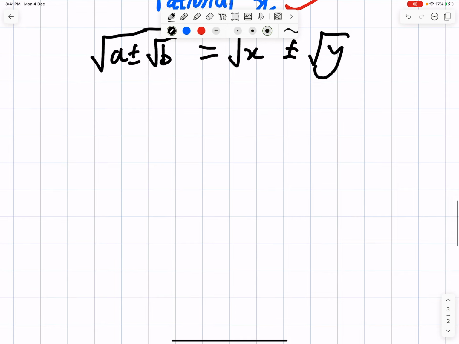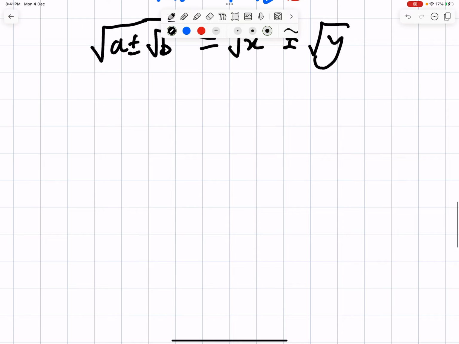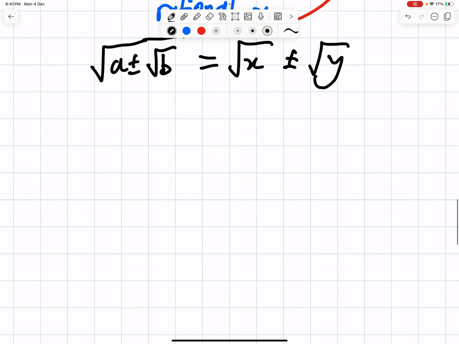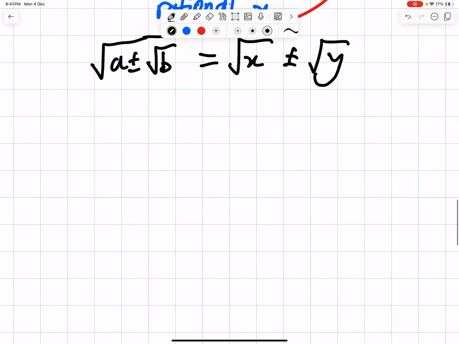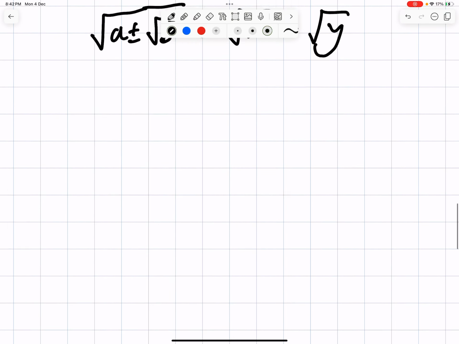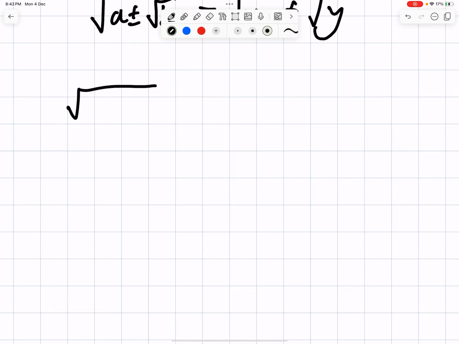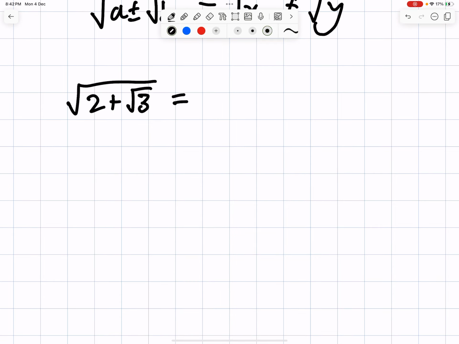So now moving on, let's try to simplify something like maybe square root of 2 plus square root 3. Now again, let's equate this to square root a plus square root b. Obviously this must be positive because of the sign here.